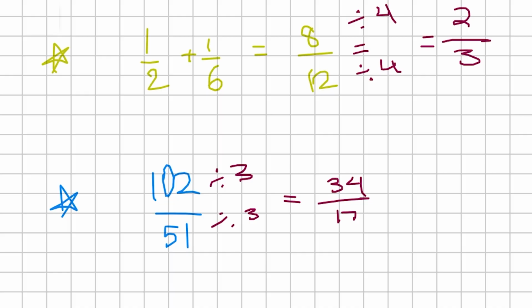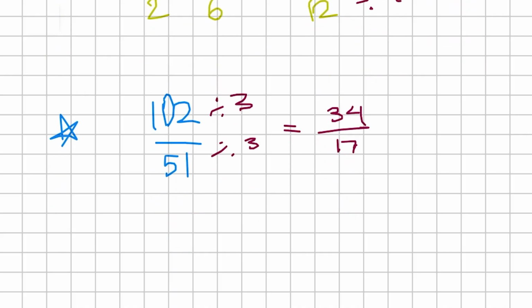Okay, so basically, look. 102 upon 51, divisibility by 3 means the sum of digits is divisible by 3. So 1 plus 2 is 3, so that is divisible. 5 plus 1 is 6, that is also divisible. So basically the common factor is 3.